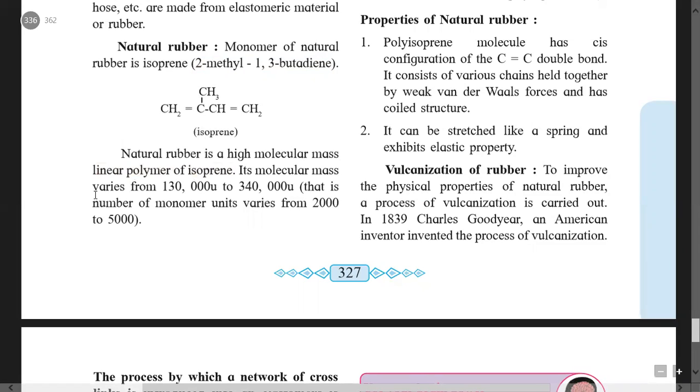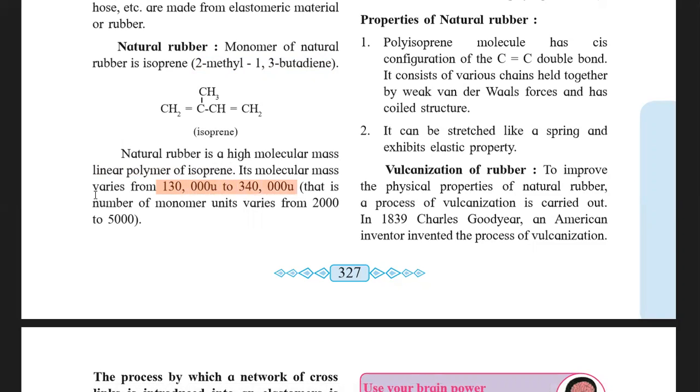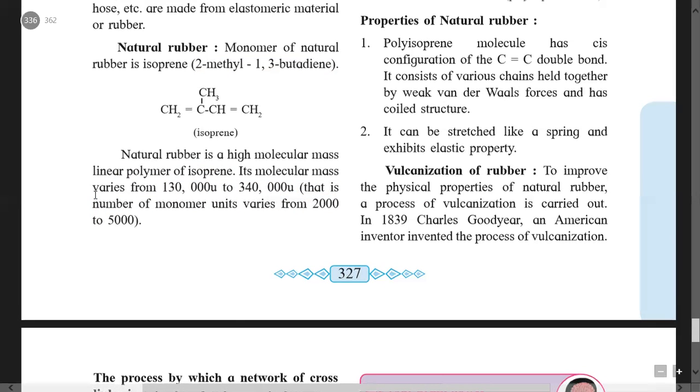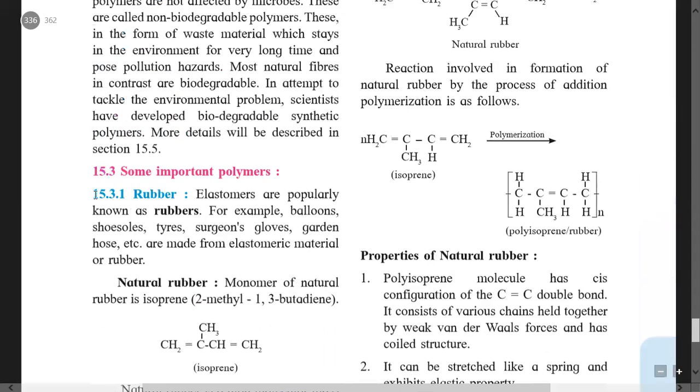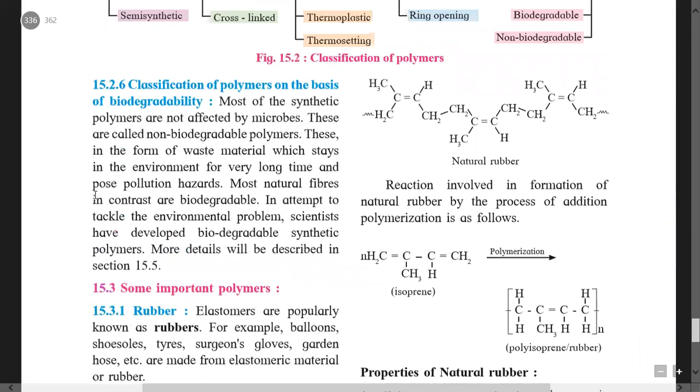Its molar mass varies from 1,30,000 units to 3,40,000 units. That is, the number of monomer units varies from 2,000 to 5,000. So a very large number of monomers are present in natural rubber.